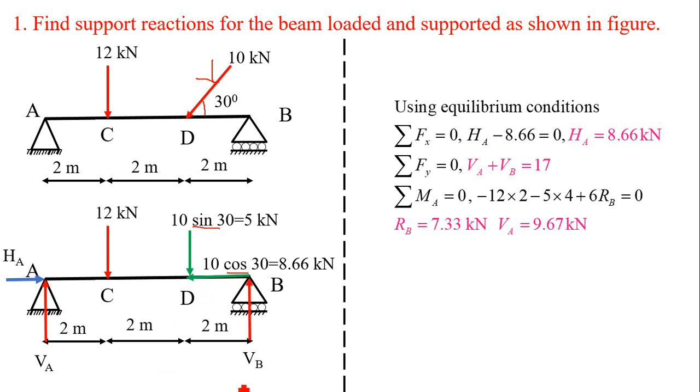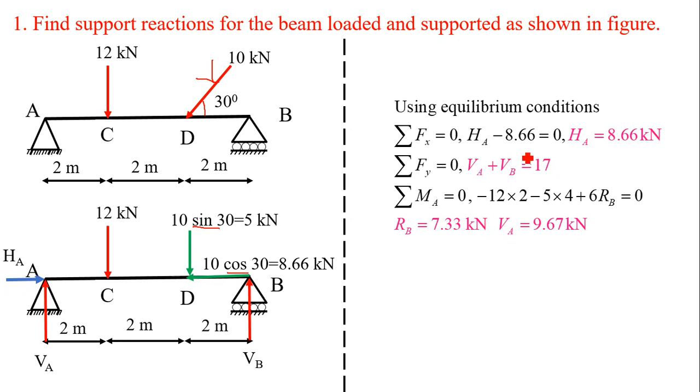Now after completion of the free body diagram, there are a total of 1, 2, 3, 4, 5 and 6 forces, and all these 6 forces do not intersect at a common point, so it is a non-concurrent type of force system. The conditions of equilibrium are 3: summation of Fx equals 0, summation of Fy equals 0 and summation of moment equals 0.